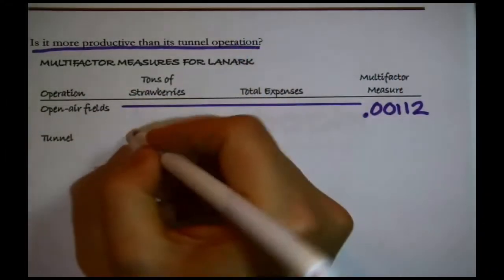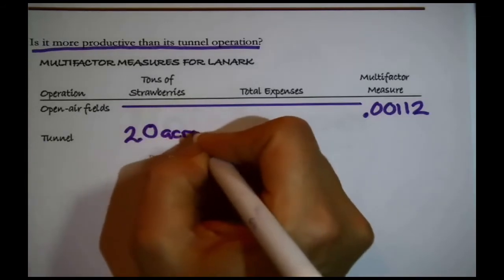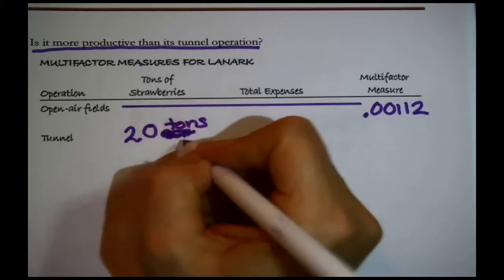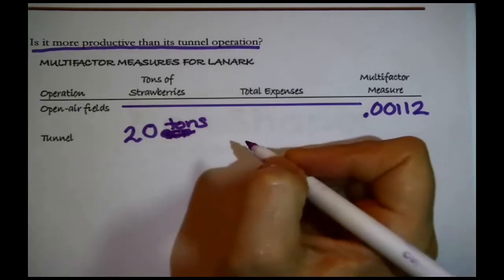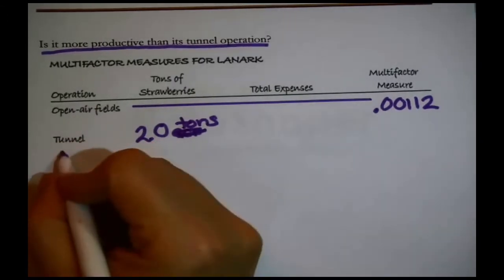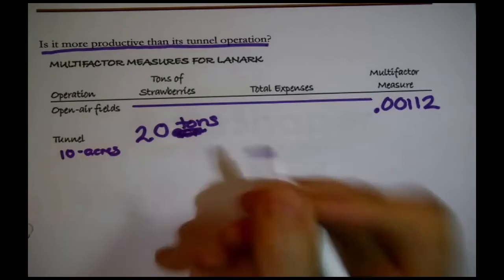We're going to need that information just like we did last time for the open air fields because, for instance, tons of strawberries. Oops, not acres, 20 tons. The tunnels produced 20 tons of strawberries. I'll make a little note to myself, and you can go back and check this in the story, but there's 10 acres here that are under cultivation in the tunnels.